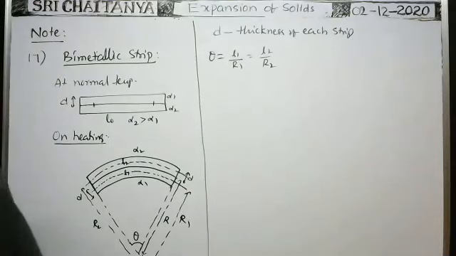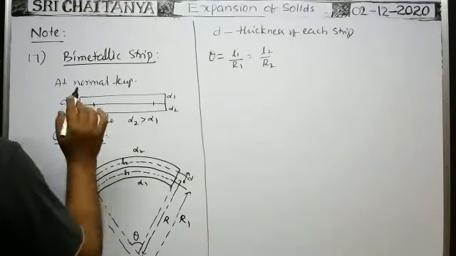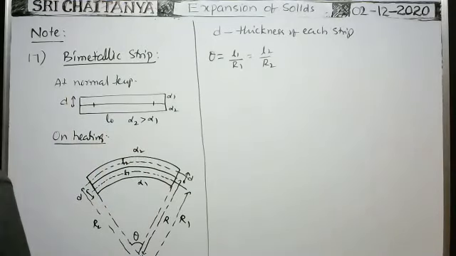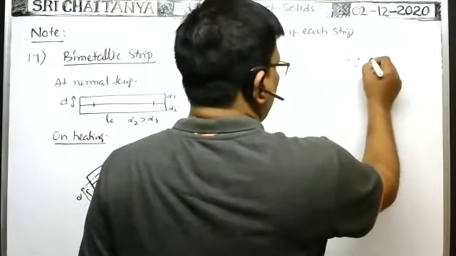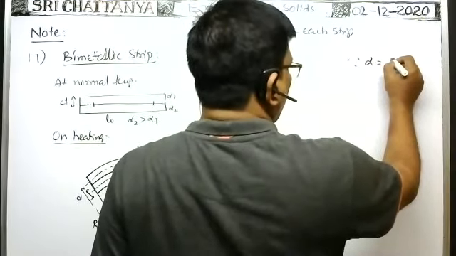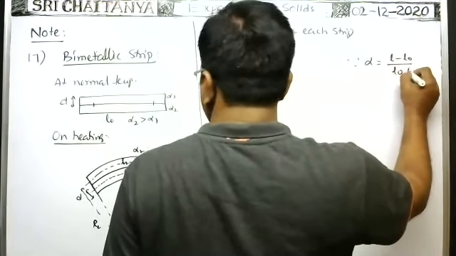What about the final length of this rod? Here L1 means the final length of the rod. The initial length is L0. How can we write the final length of the rod? We know alpha is equal to change in length by original length into rise of temperature delta theta.